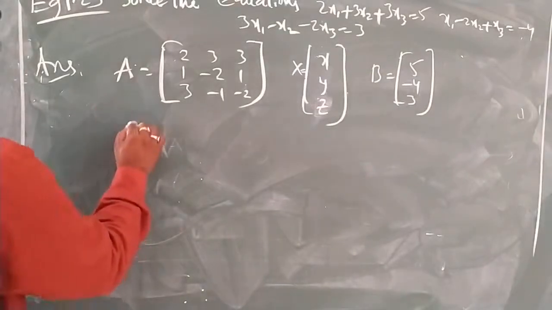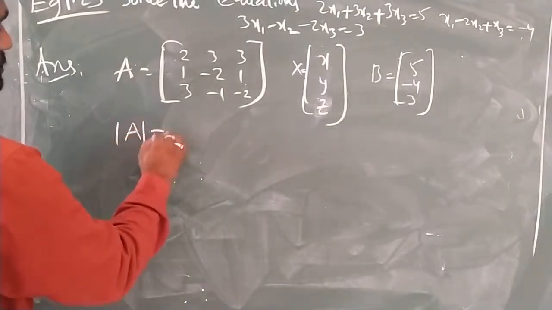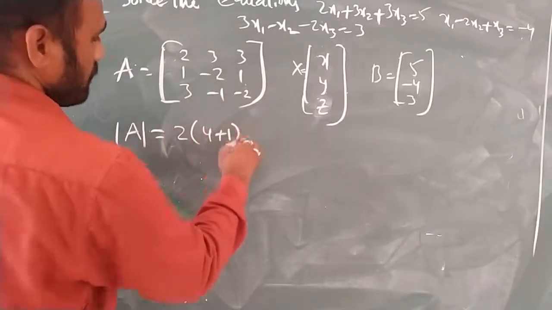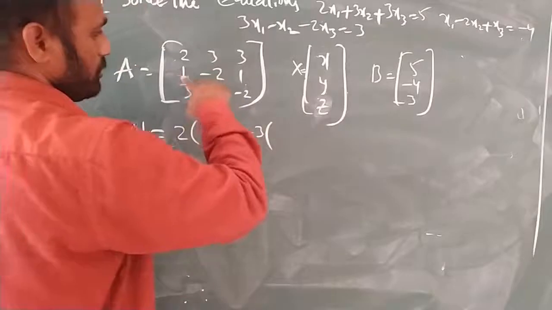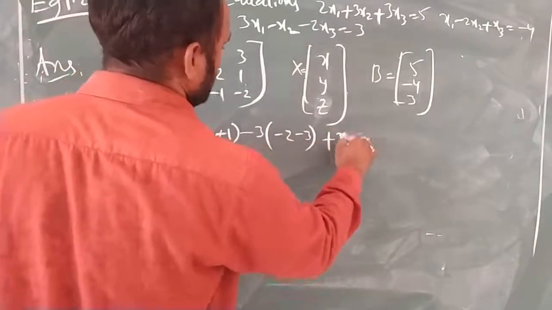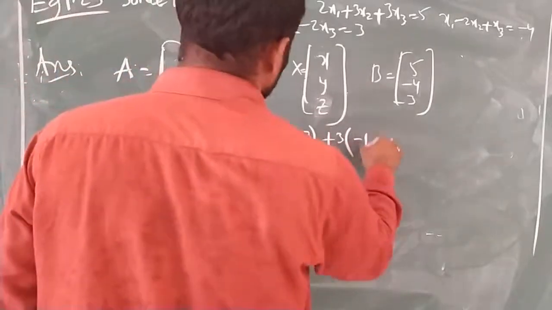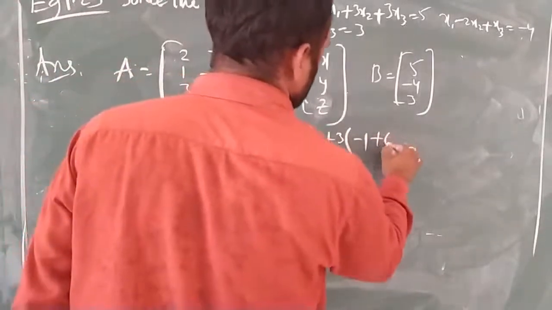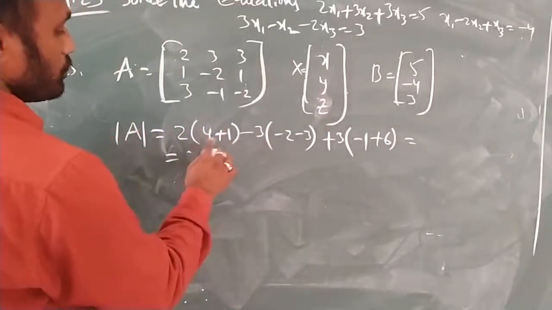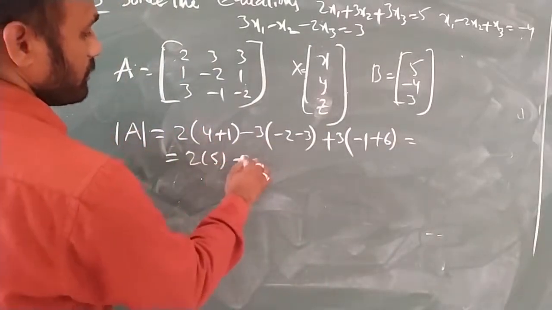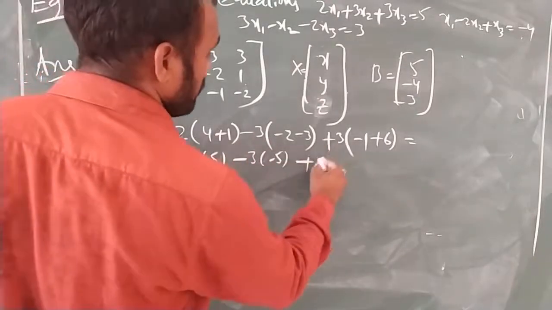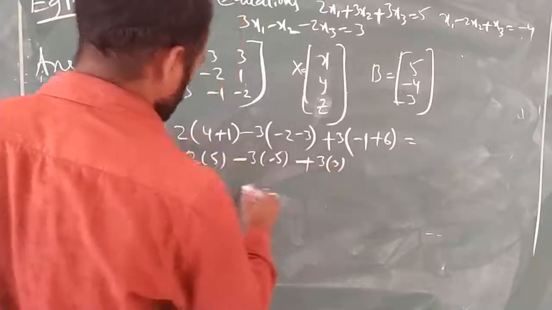First we need to find the determinant of A, that is mod A: 2 into (4 + 1) minus 3 into (-2 - 3) plus 3 into (-1 + 6). That is equal to 2 into 5 minus 3 into -5, plus 3 into 5.